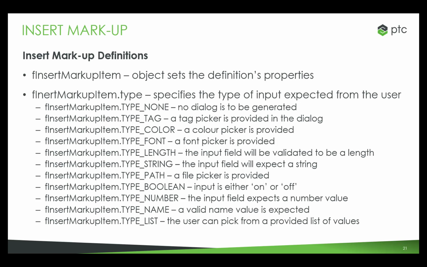There's a path one, which allows you to pick a file. Boolean I've mentioned, which is either on or off. There's a number type, which validates the field to be a number. There's a valid name type, and there's a list. And the list is interesting because it allows you to specify a number of values which the user can pick from.